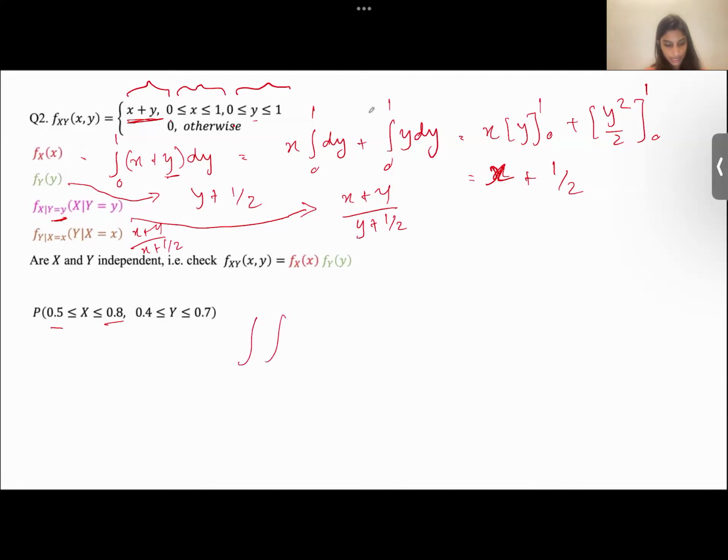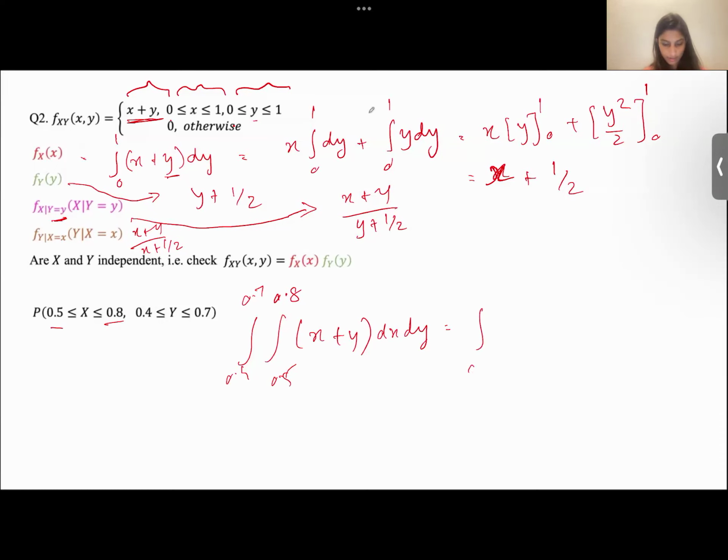So yeah, let's apply. x limits are 0.5 to 0.8. y limits are 0.4 to 0.7. And your function is x plus y, dx, dy. You should easily be able to solve this.